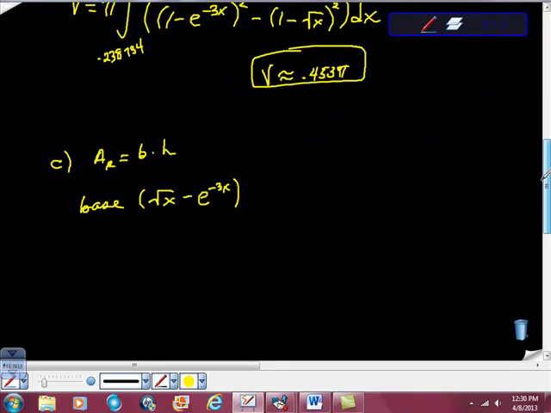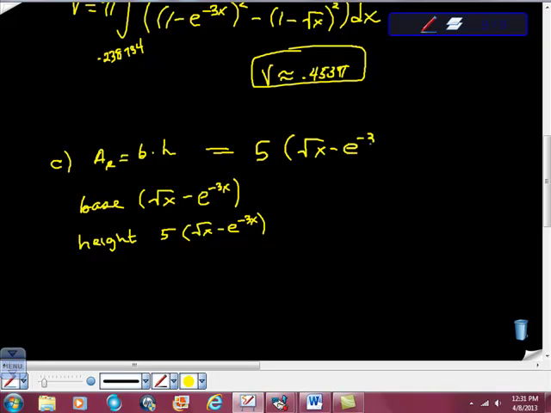The height is 5 times the base, so we have 5 times square root of x minus e to the negative 3x power, don't we? And remember that the area of the thing is base times height, so if we multiply these two things together, we would get 5 times this times this. These two are the same, so it's 5 times square root of x minus e to the negative 3x power, squared, right?